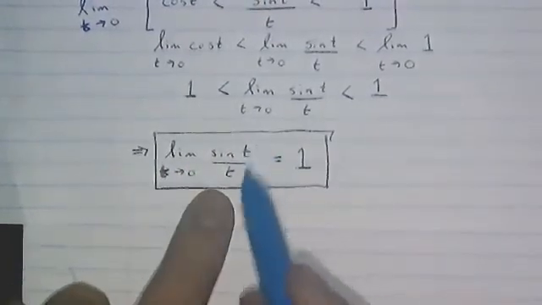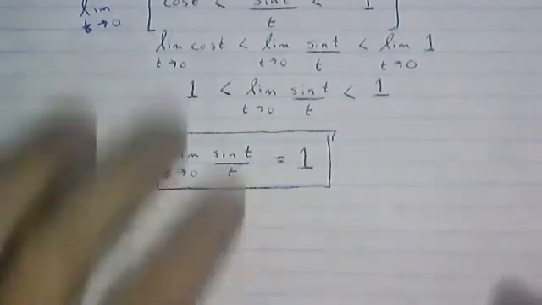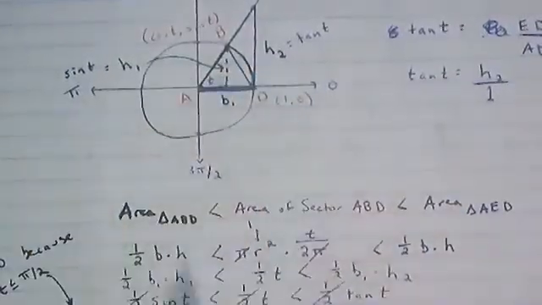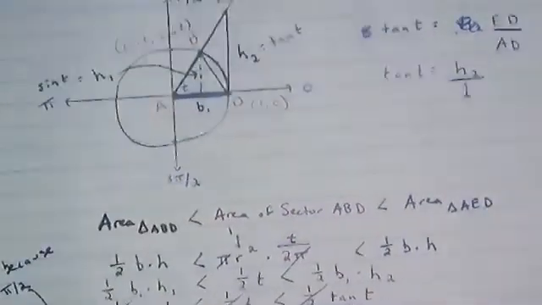Whatever variable you write here, that must be what the variable in the limit is. T, I think, was an easier choice to use here, just so we weren't getting confused with x and y coordinates.